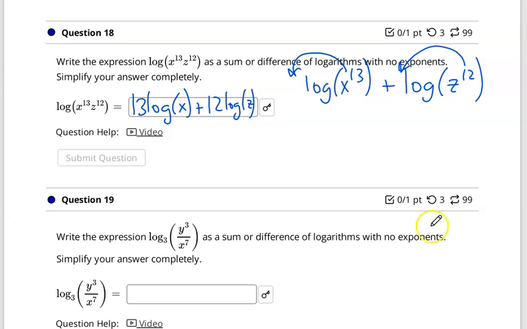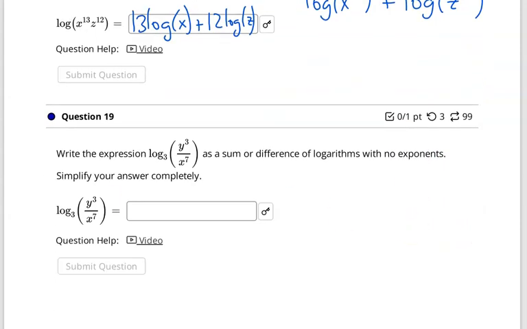Now the last one, we're going to use the division rule for our final problem. I know it's going to be equal to log base 3 of y to the third minus, because I'm dividing instead of multiplying, log base 3 of x to the 7th.